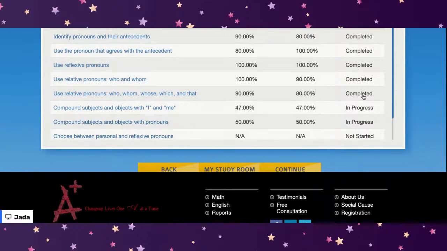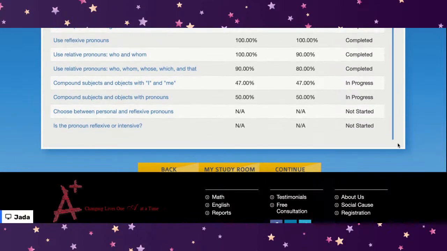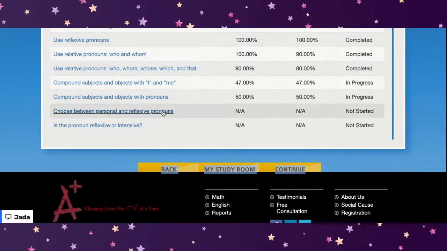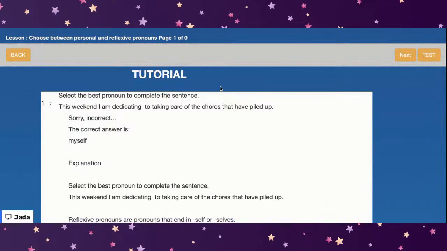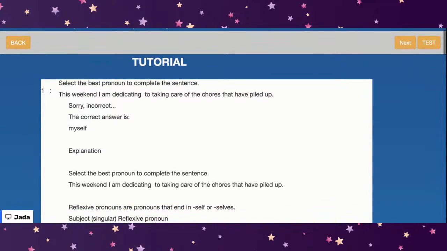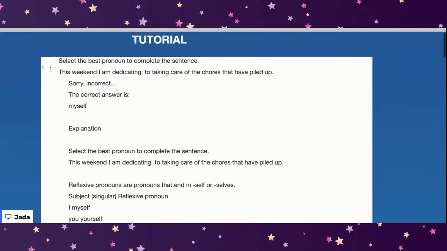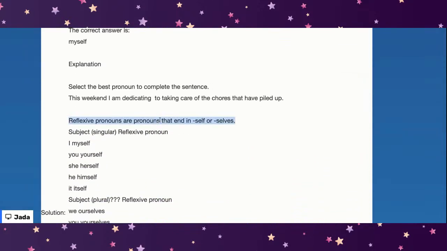So we have choose between personal and reflexive pronouns. So what is the personal and then the reflexive pronoun? Reflexive pronouns are pronouns that end in -self or -selves. You know those pronouns that have self at the end. That is what reflexive pronouns are.